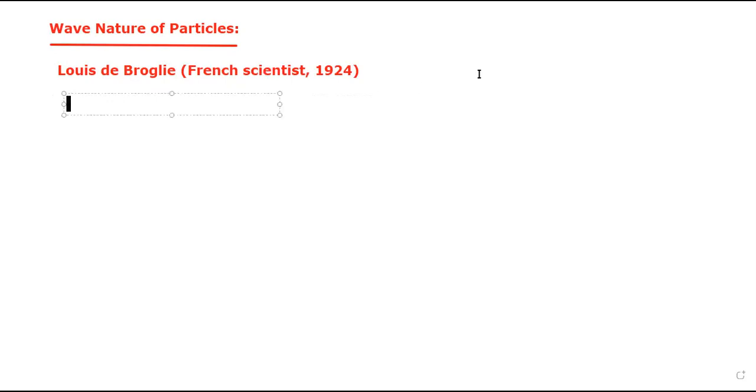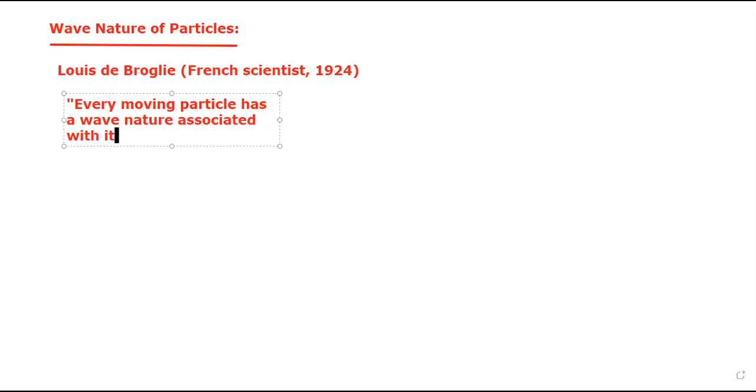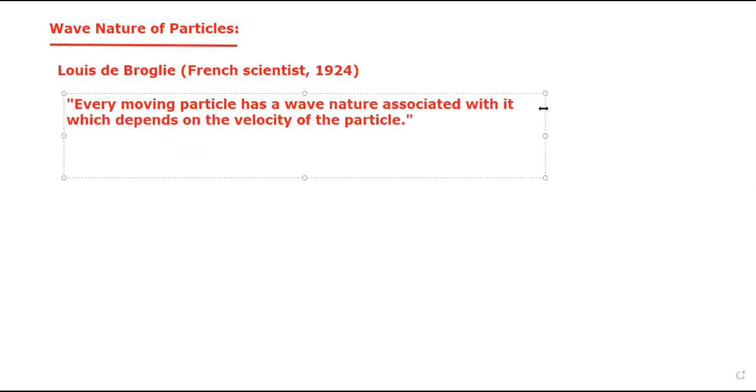He found that every moving particle has a wave nature associated with it, which depends on the velocity of the particle. So every moving particle in this universe also has a wave nature.